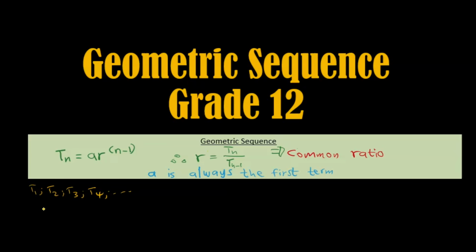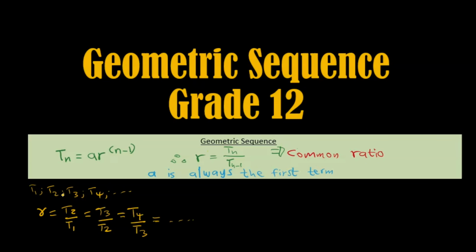So how do you get the value of r? r is T2 divided by T1, or T3 divided by T2, or T4 divided by T3, etc.